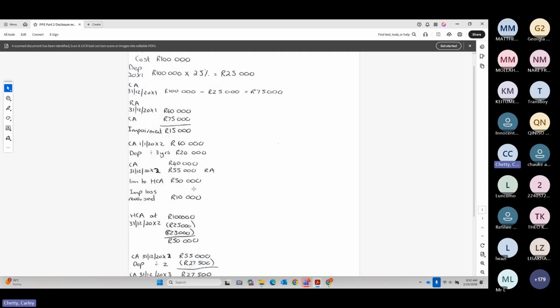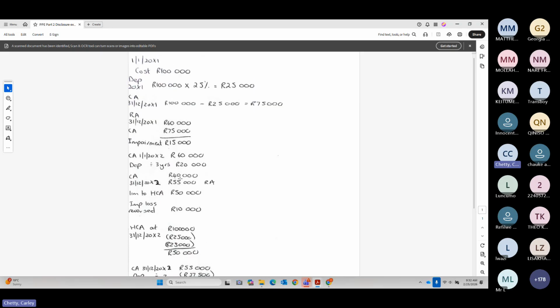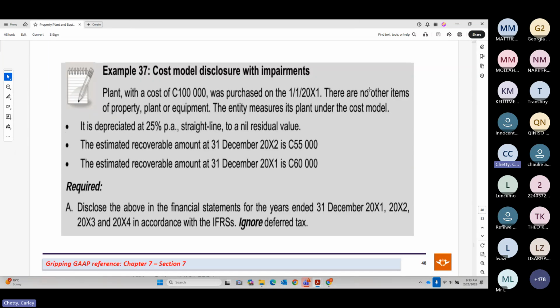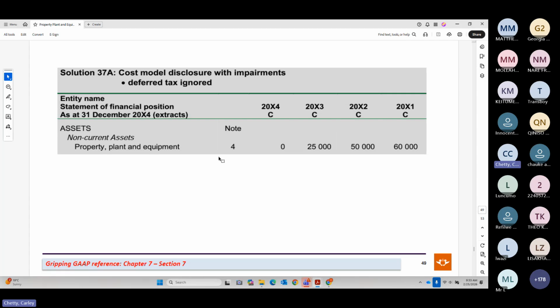After the impairment loss reversal, the asset then has a carrying amount of 50,000 Rand and a remaining useful life of 2 years. So depreciation after the impairment loss reversal is going to be 25,000 Rand for 20x3 and 20x4.